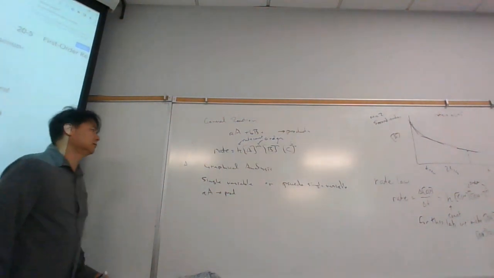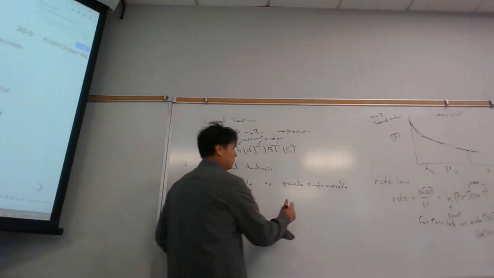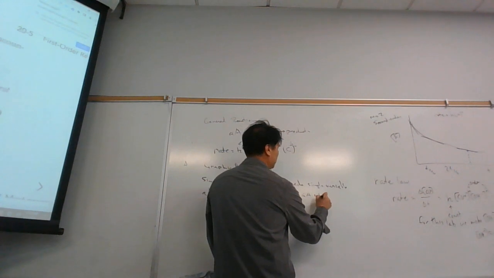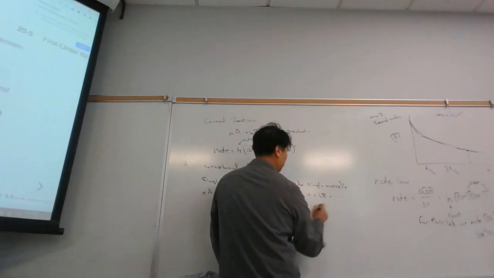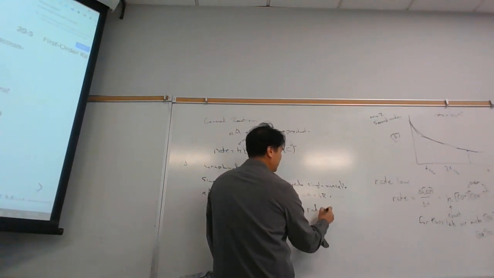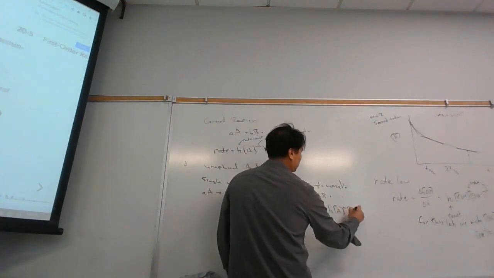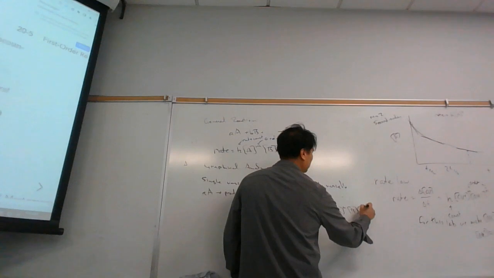That would be this. Or pseudo single variable would be if we had something like A plus B plus C, dot, dot, dot. What we do is we say rate is equal to k, and then we'll have [A]^m[B]^n[C]^o.